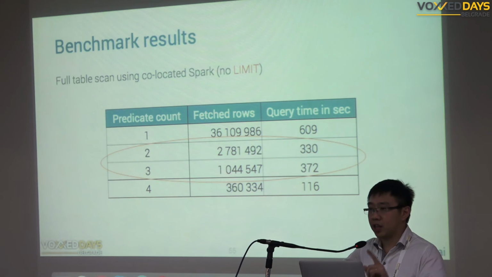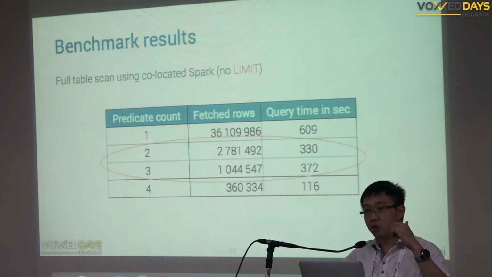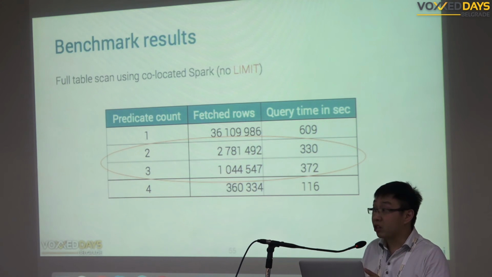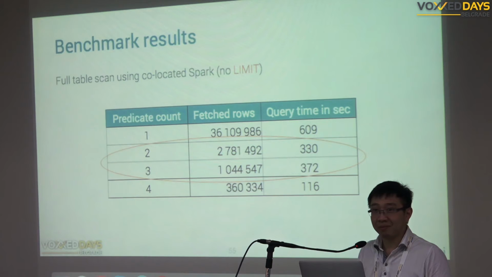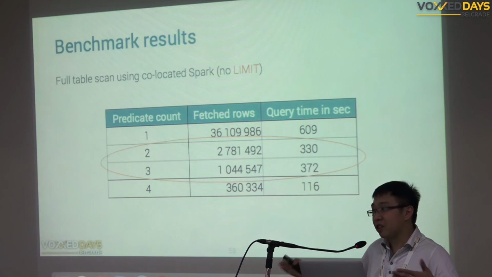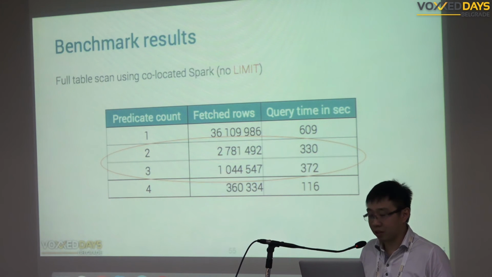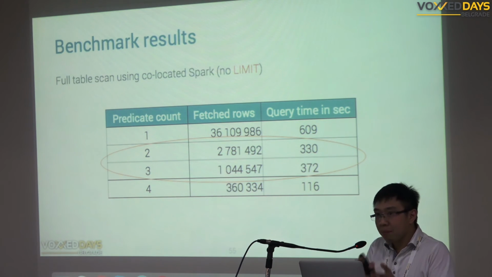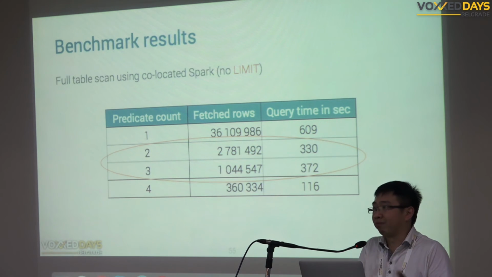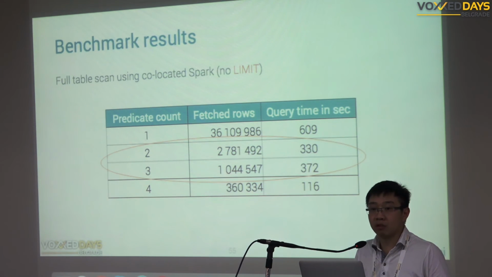Because do not forget that when you are using secondary index, you need first to read the index file. And it is not free. It has some cost. And the more you read the index file, the more expensive it is. So sometimes maybe it is more expensive to read the index file than the original file itself.